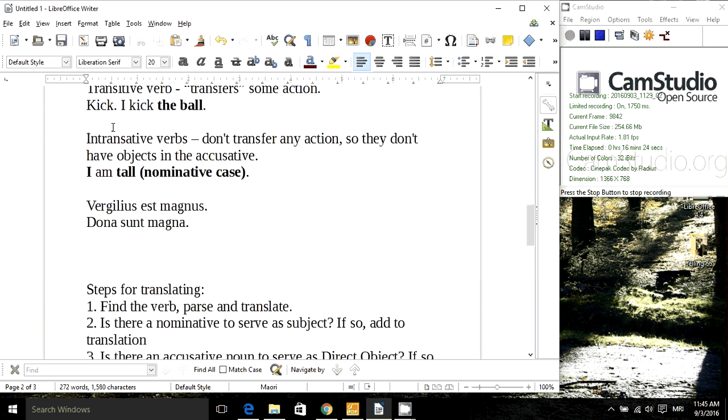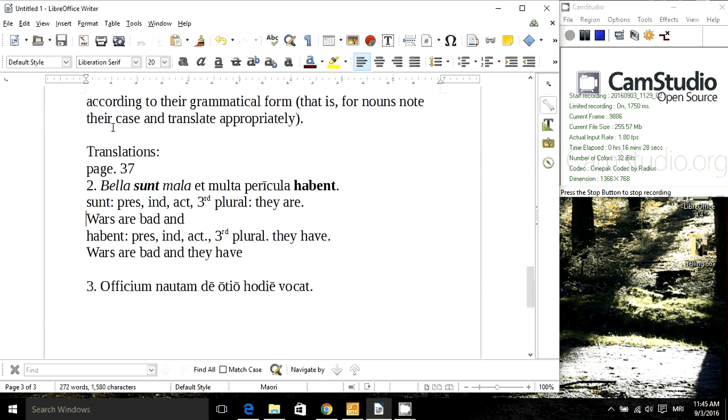So back down here, we're finding that so wars are bad and they have many dangers is our appropriate translation. So multa pericula is accusative. It's the object of have. It's the thing that the wars have. Wars are bad and they have many dangers.